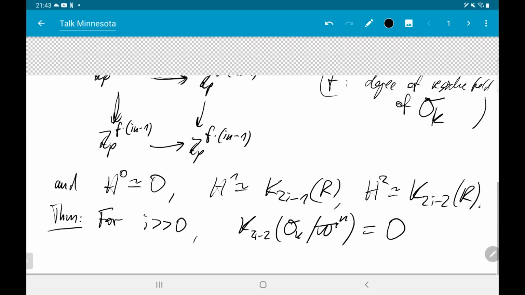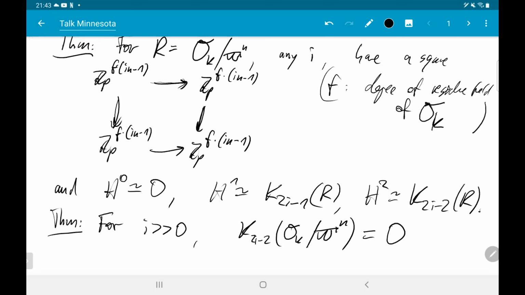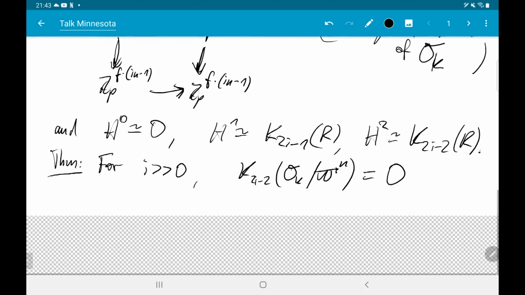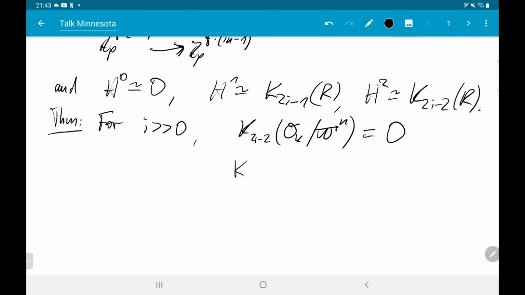So this is saying that for large i, these maps here somehow become jointly surjective. And as a consequence, we also get explicit formulas for the orders of the corresponding odd groups.